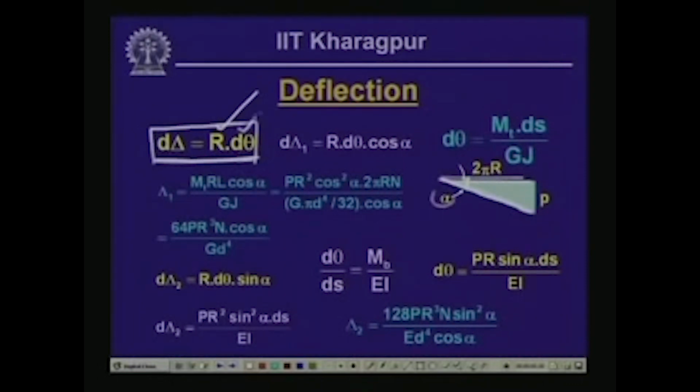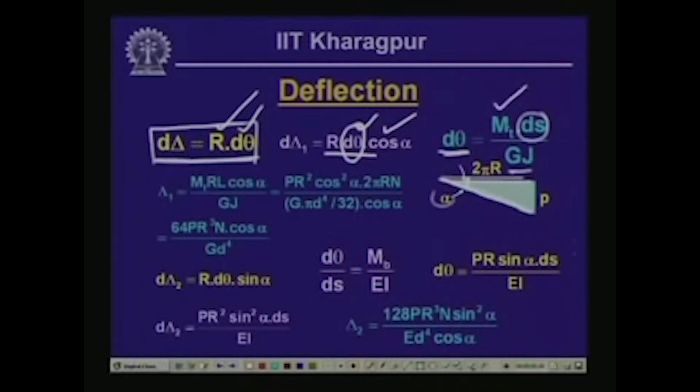So, the deflection which we had, equal to r d theta, will in this open coil be r d theta cos alpha because of the twisting moment T, and because of the bending moment it will have r d theta sin alpha. Now, as we have seen, d theta is the rotation of the spring because of the twisting moment Mt, which is equal to Mt ds by GJ, where ds is the length along the spring wire.